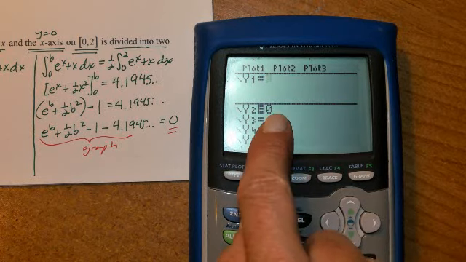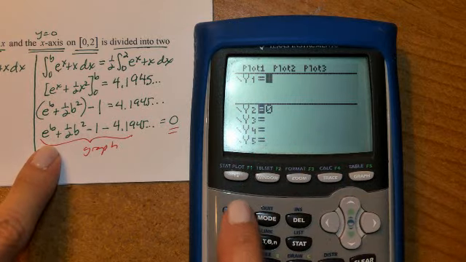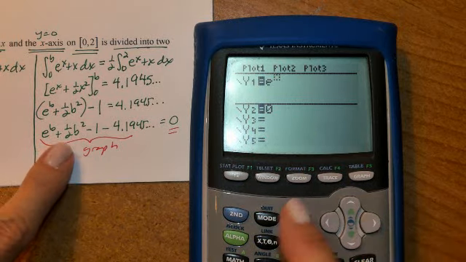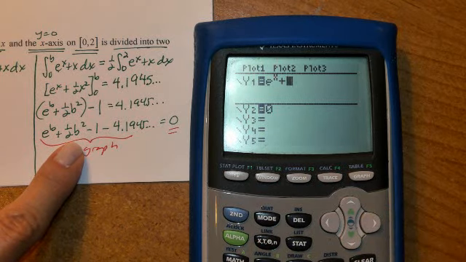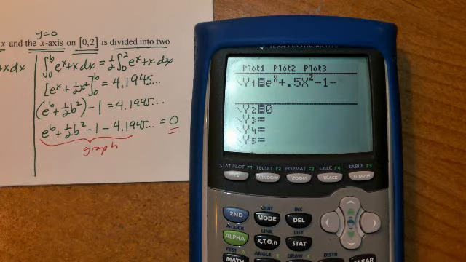I have the x-axis in here, so that'll take care of that side. So e to the, I want b, but again, I want to call it x here. It's easier to get to, and it's going to graph it, right? Plus 1/2 b squared minus 1 minus, oh, I need to use the whole thing, right?